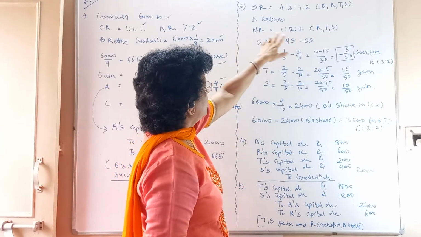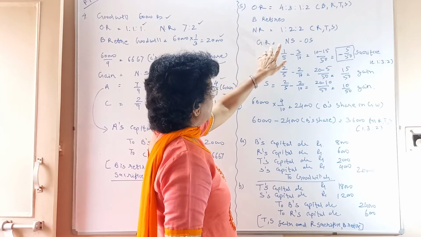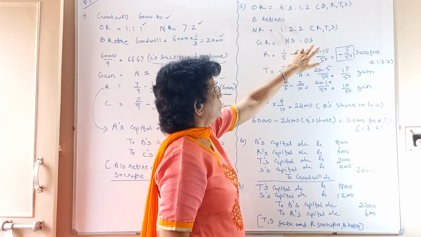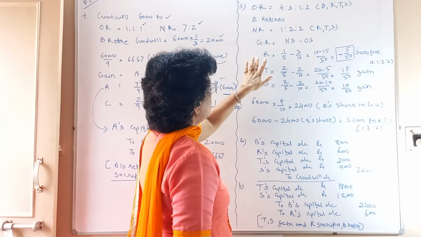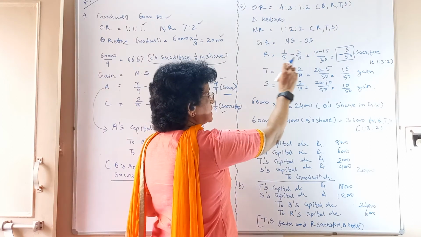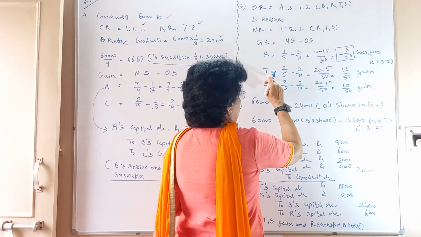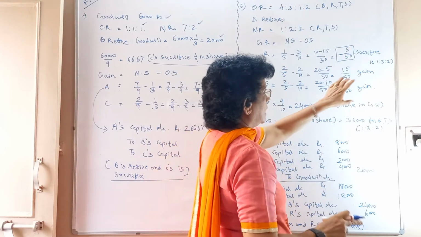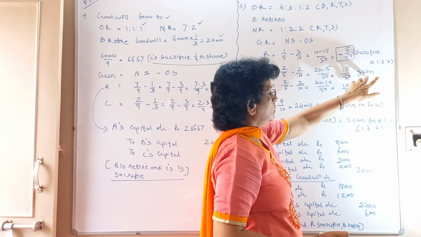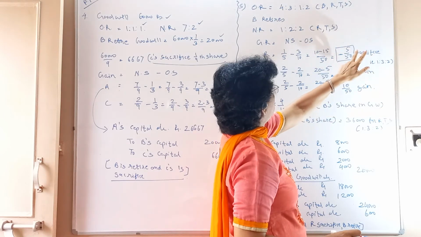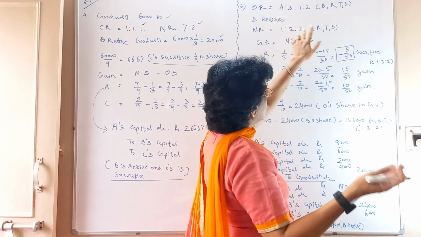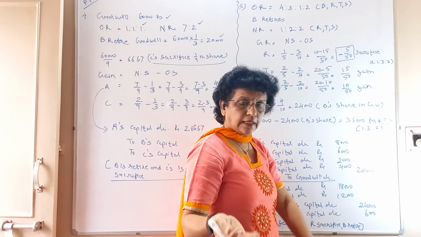Write down all the information you are getting. Apply the gain ratio formula, new minus old. You will see that here R is sacrificing, with 5/50. T and S are gaining. So T and S you have to debit, R you have to credit, as well as the retiring partner, obviously credited.